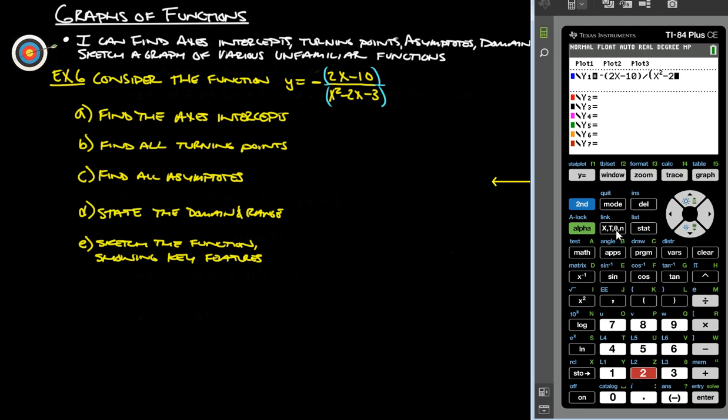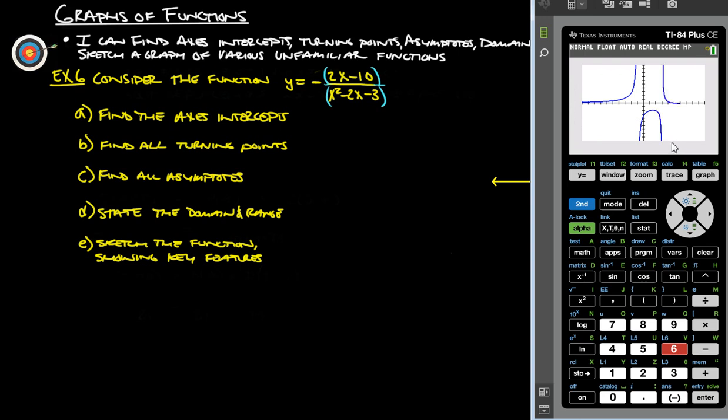Actually, you have to now: if it's not the leading term, then you have to put the subtract instead of the negative. So minus 2x minus 3, close that, and then this should be still in our normal zoom standard, but let's just double check. Zoom standard is 6, and that should give us hopefully a pretty good look at this graph. Okay, it's a weird looking graph.